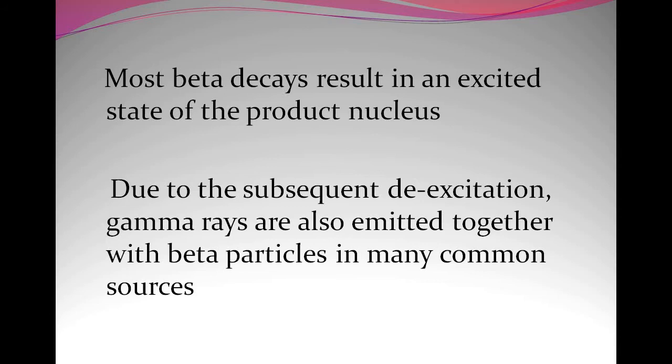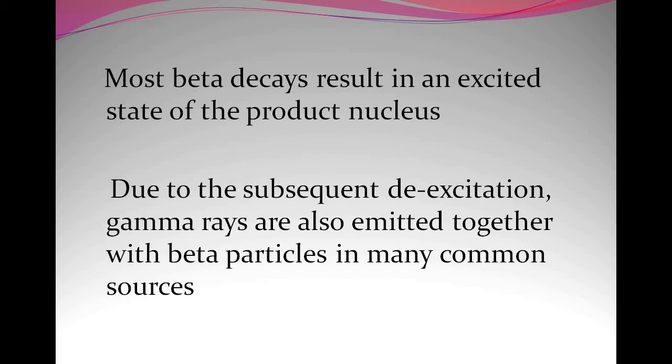And when a beta is emitted, you have a parent nucleus, daughter nucleus, beta, antineutrino plus some energy that you are calling as the Q value. And this energy will be normally shared by the products. That is the general case.